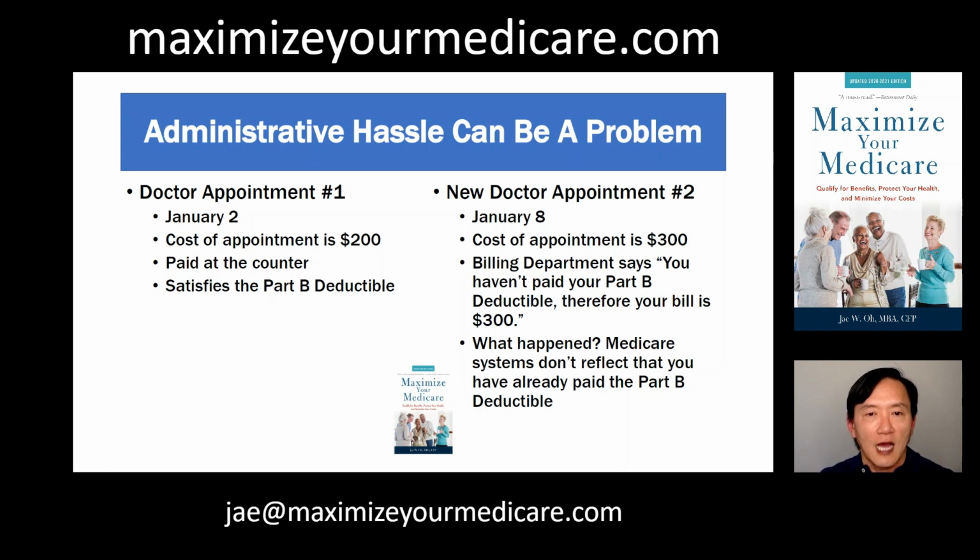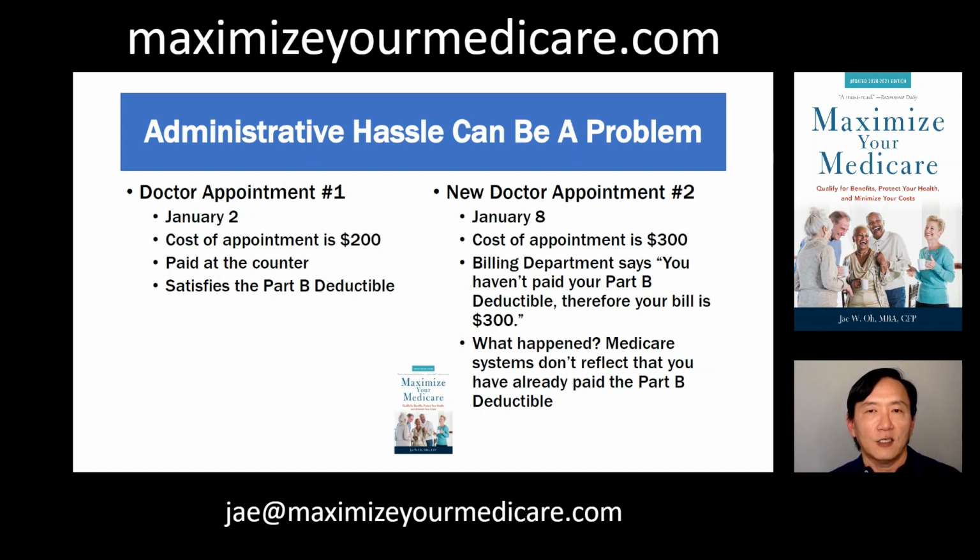You go to the doctor on January 2nd for a checkup, the cost of the appointment is $200, and that would make you satisfy the Part B deductible. You pay at the counter, they say you haven't met your Part B deductible, you pay the $200, and then you've satisfied the Part B deductible.